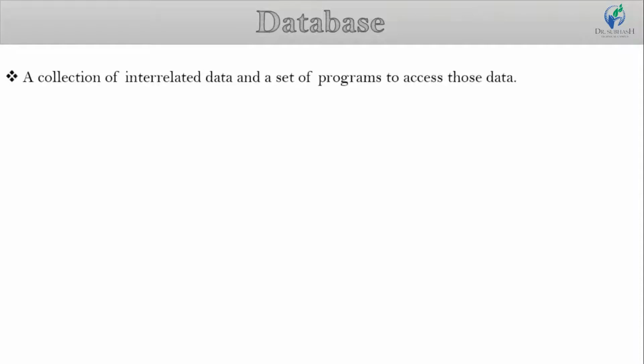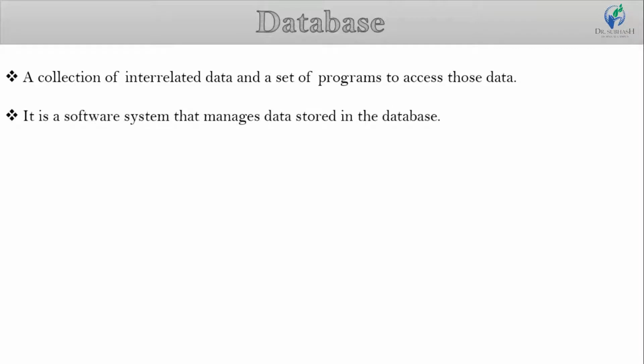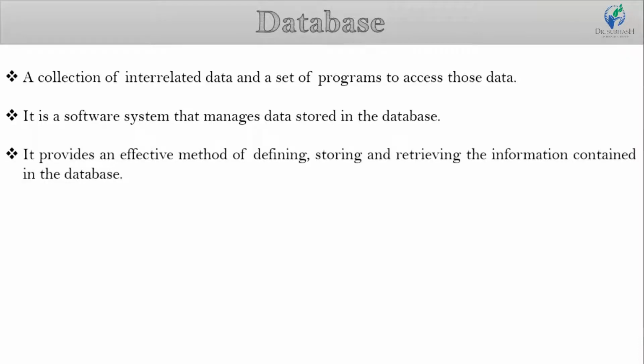A database is a collection of interrelated data and a set of programs to access those data. It is a software system that manages data stored in the database. It provides effective methods of defining, storing, and retrieving the information contained in the database.